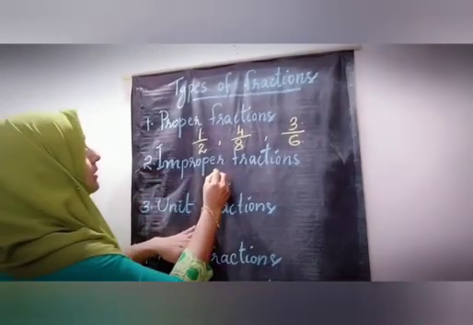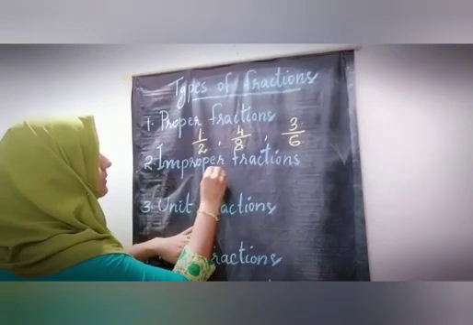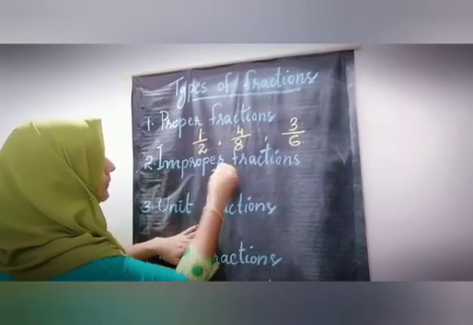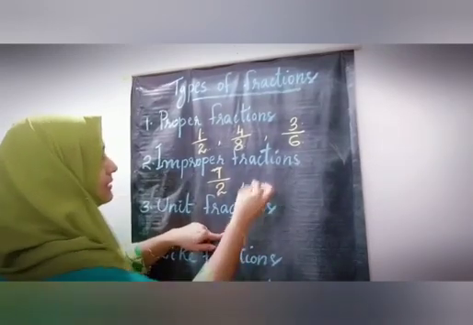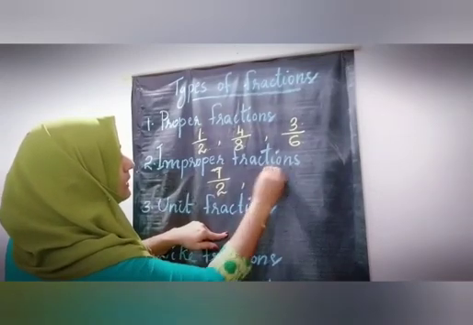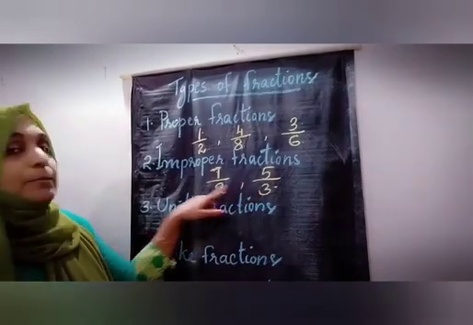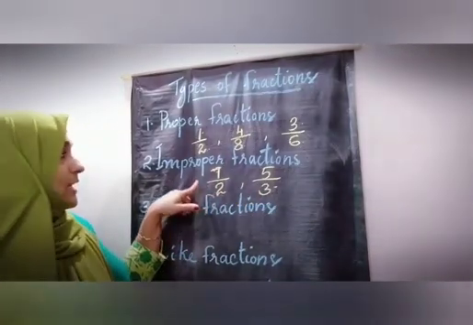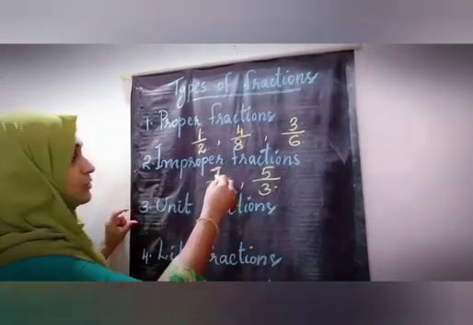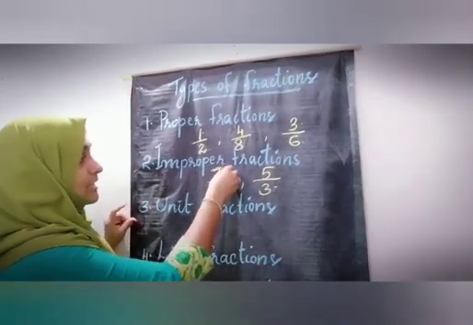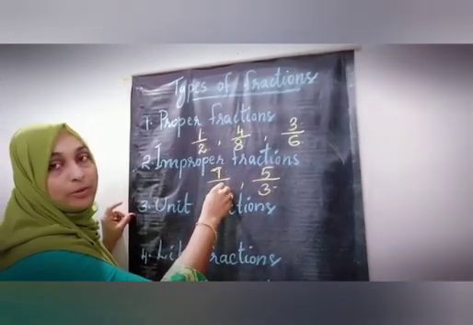Example, 7 by 2. Another example, 5 by 3. These are the examples for the improper fractions. In the improper fraction, the numerator is greater than the denominator.